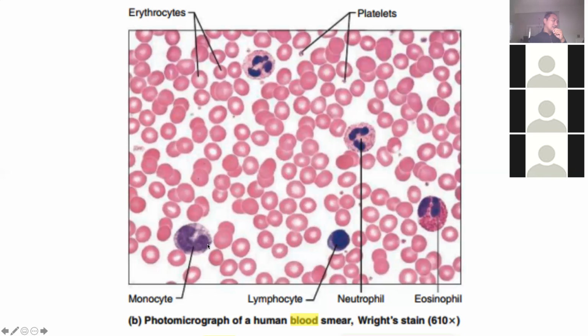And then look at this one. The cytoplasm is blue or purple, and its nucleus is quite big, like a kidney bean shape. I hope everyone has had kidney beans in your life. This looks like a kidney bean with the purple blue color, and the cytoplasm is also slightly different.